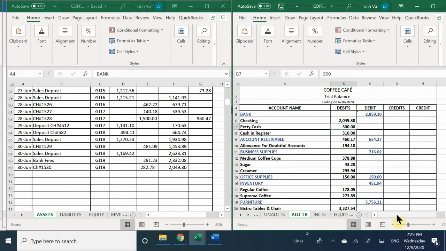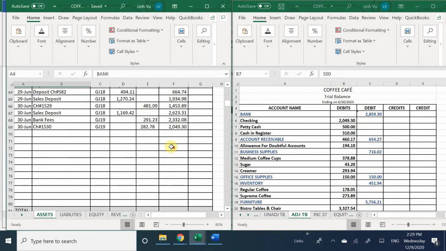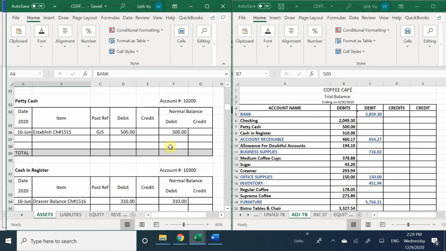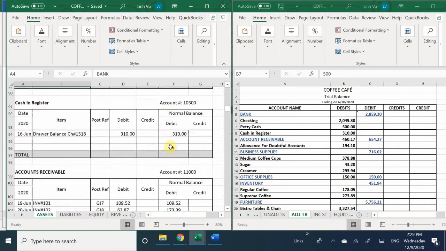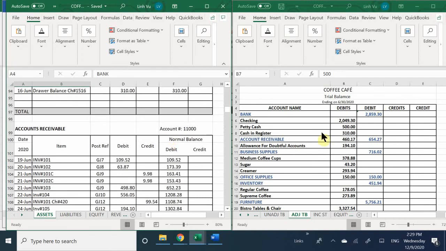It changed my balance in my bank. All right. Let's verify again, the petty cash and the cash in register is the same. Okay. Cash 500. Yep. And that means your bank is now $2,859.30. Yes, ma'am.